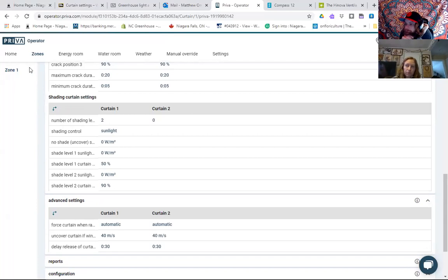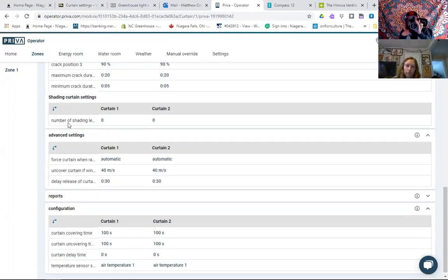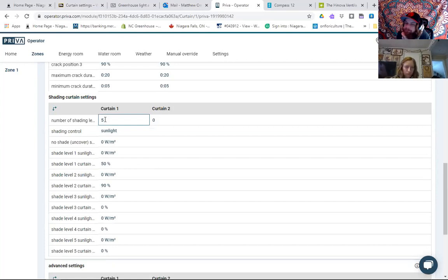So during the day, shading, we can set up our curtains. Right now, there's nothing going on. We have no shading levels whatsoever. But if we do have shade curtains, which are made differently than energy curtains, they will not have the aluminum strips through them. They're made just to shade the crops.